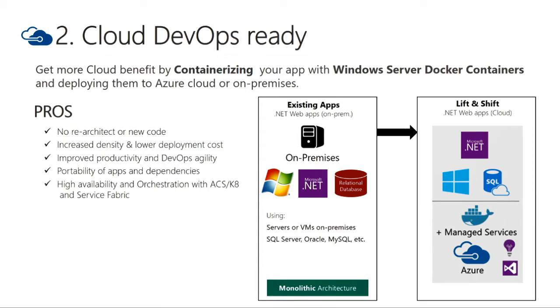Something I want to highlight is that when we say DevOps ready, we don't mean just DevOps tooling, tools like VSTS, things like that. That will come later. But DevOps ready means really having the infrastructure ready for DevOps. So the most important thing here for DevOps is probably containers and Windows containers for existing applications. And that is going to help a lot the DevOps experience.